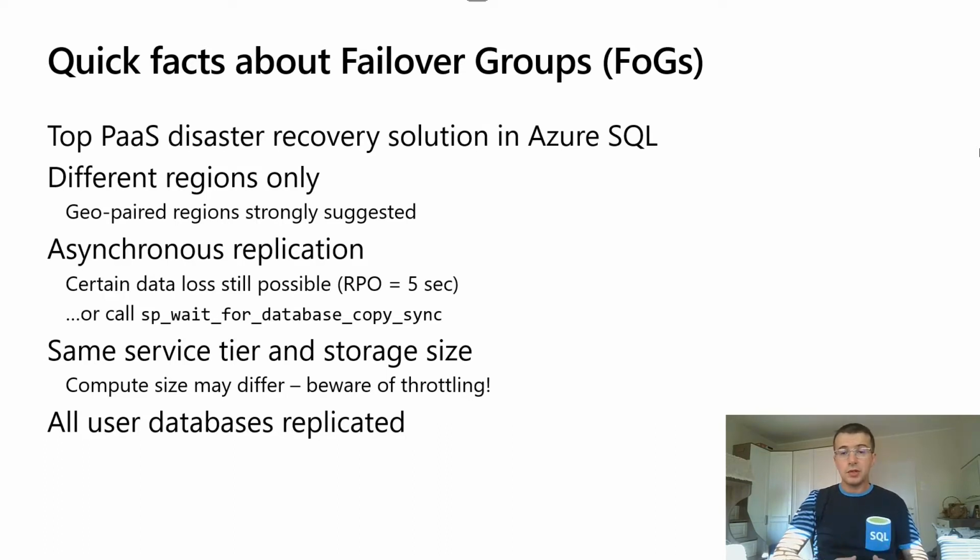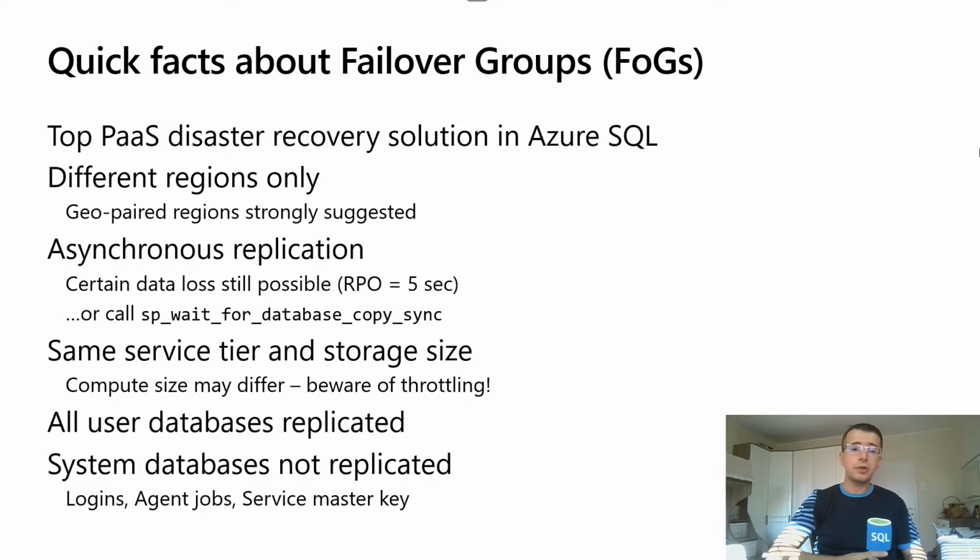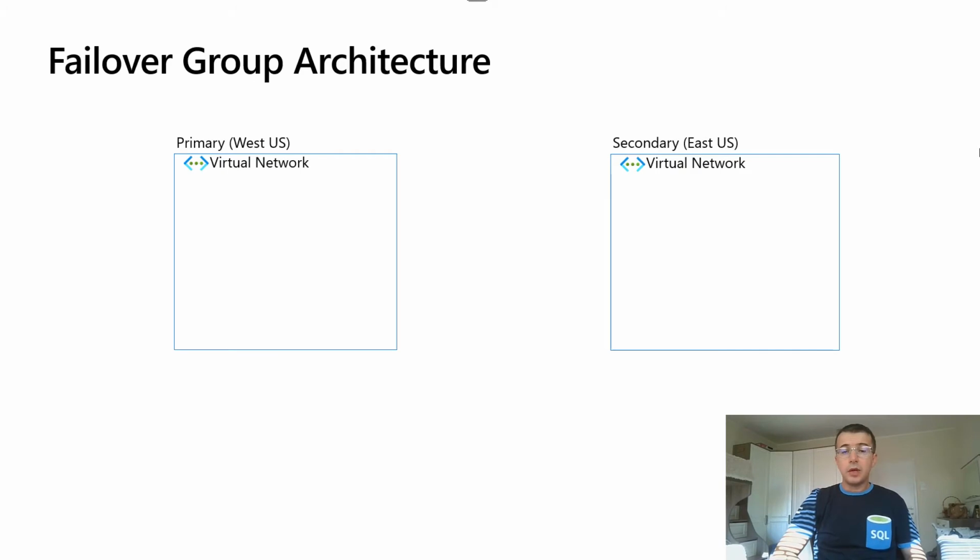It's precisely two managed instances in a single Failover Group, and a single managed instance can participate only in one Failover Group. Another important fact is that system databases are not replicated with the Failover Groups. It has some repercussions on logins, agent jobs, and the service master key, and we are going to cover that during the presentation. So let's jump into the architecture of the Failover Group.